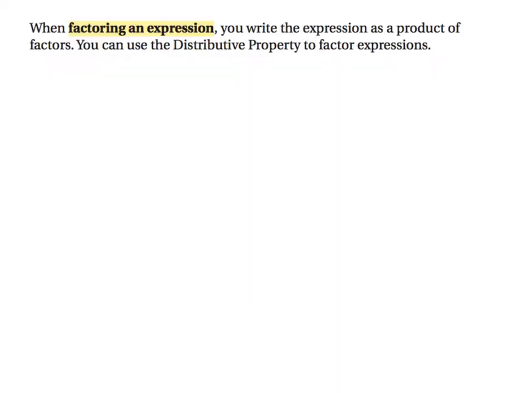You can also factor an expression. What that means is you're going to write an expression as a product of factors. For example, rather than writing 10 like 5 times 2, you can take something like this: 5x plus 10 equals 5 times x plus 2.